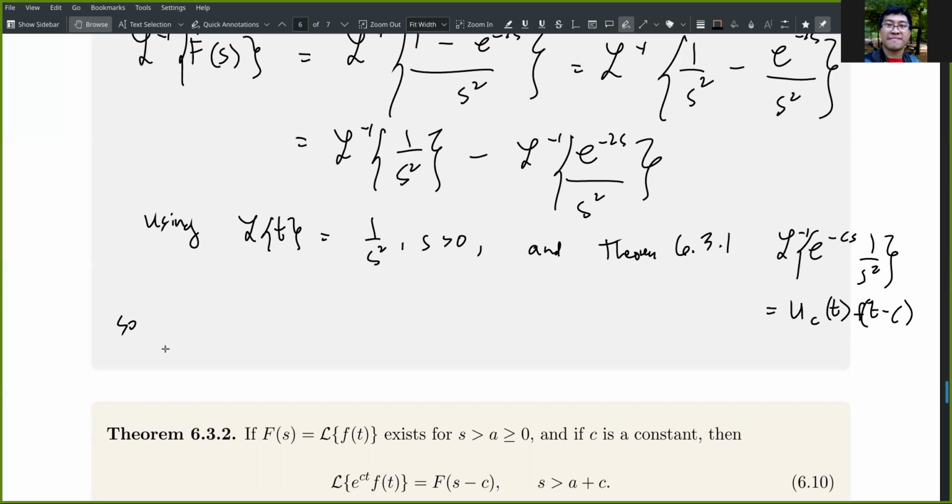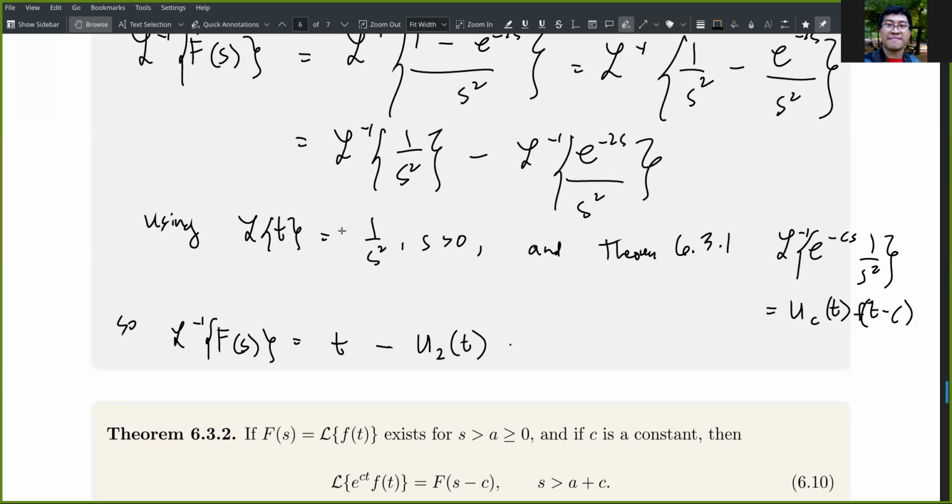So the inverse transform of F(s) is simply t for this part, minus, for here, u_2(t) times the function with t replaced by t minus c.